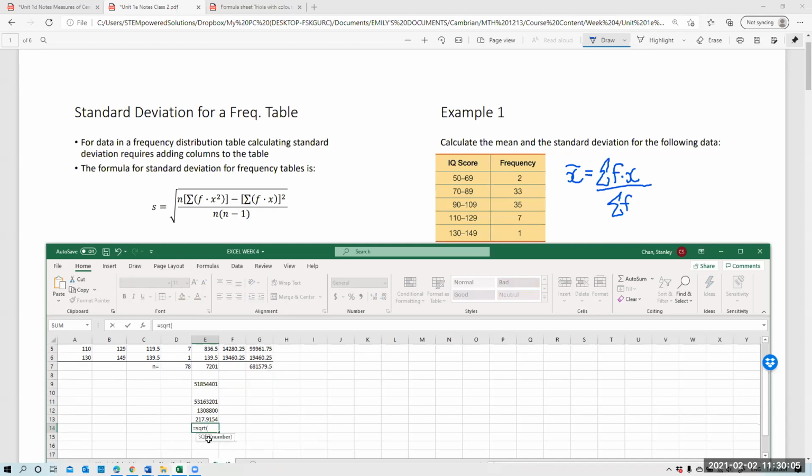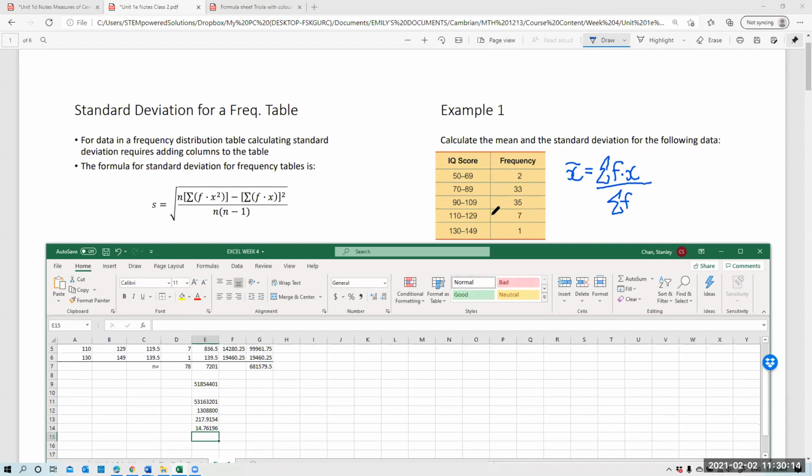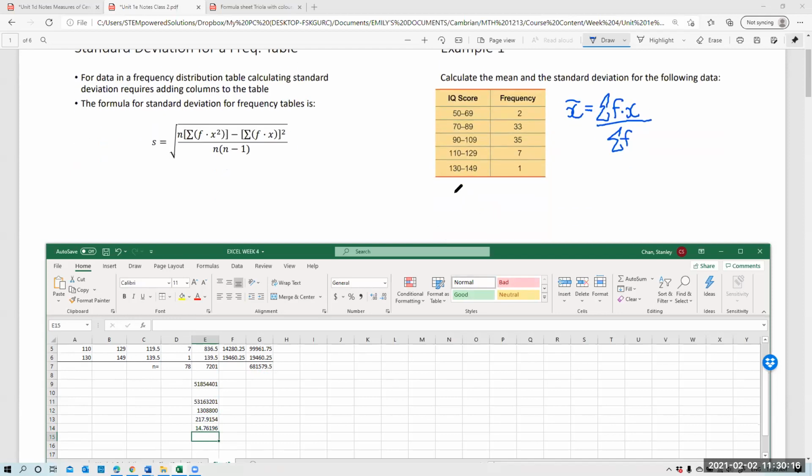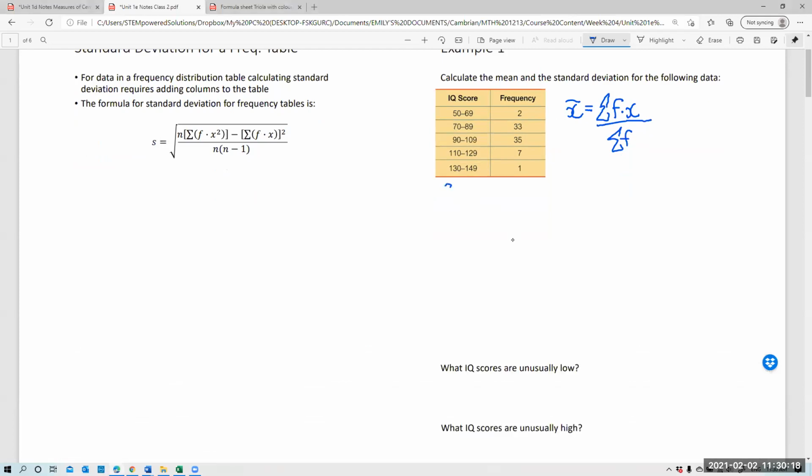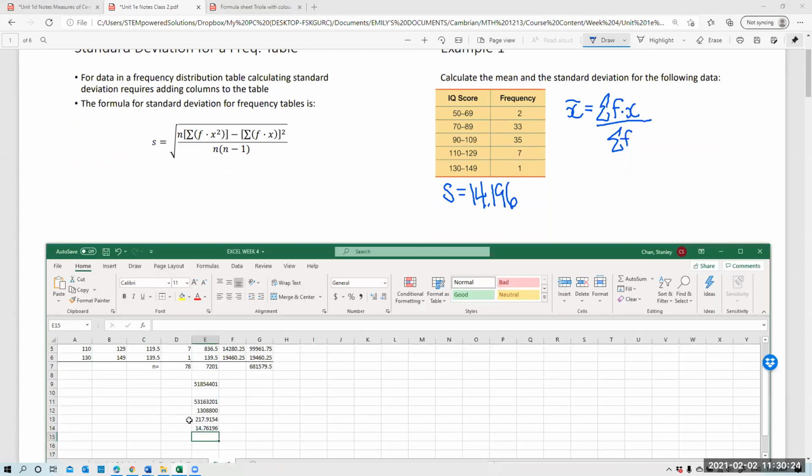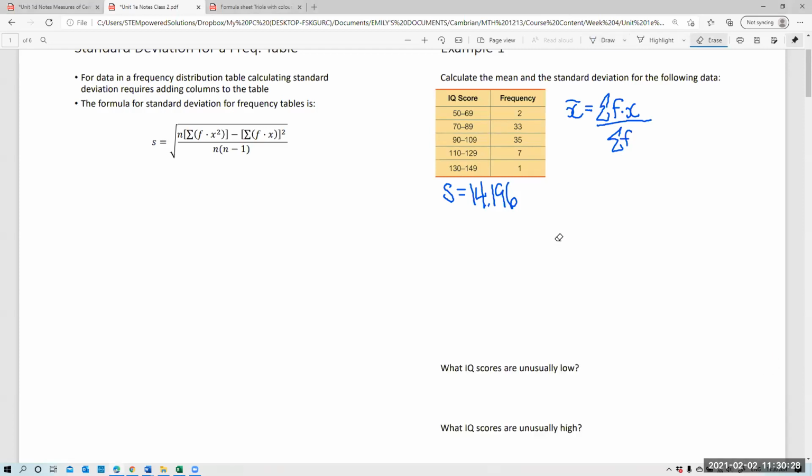So the square root of 217, and then close that bracket, is 14.67196. So now I know what the standard deviation is, 14.196, if I'm not mistaken. Or 14.7619.